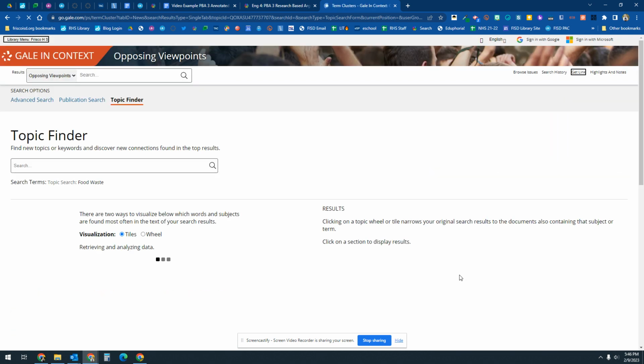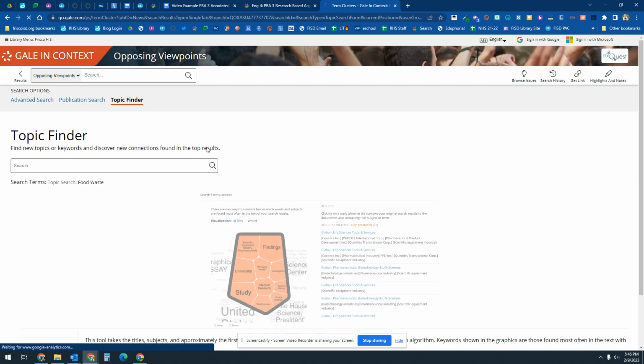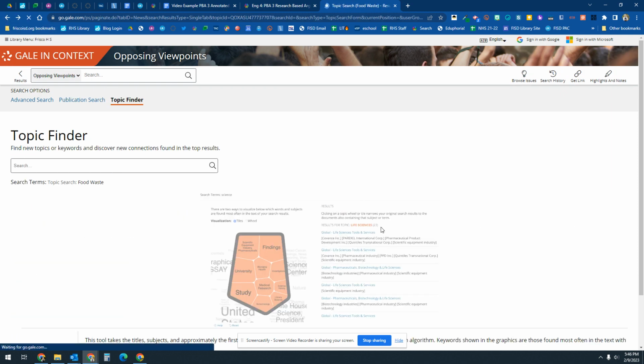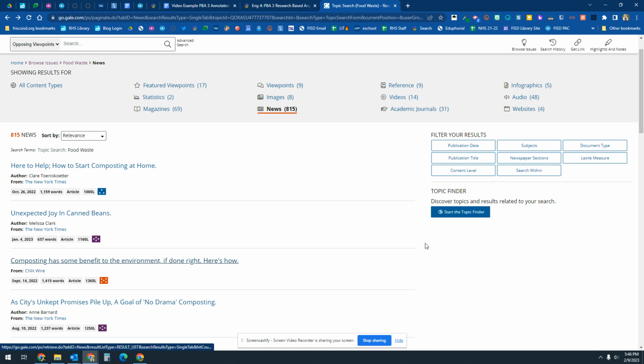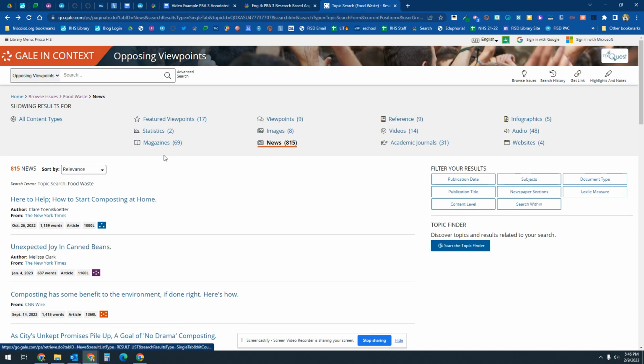Let's try it one more time. There may be too few things for it to work on this particular one. So if that happens, it probably means there's just too few things for it to work, because there's only 815 articles in here, so that may be too few.